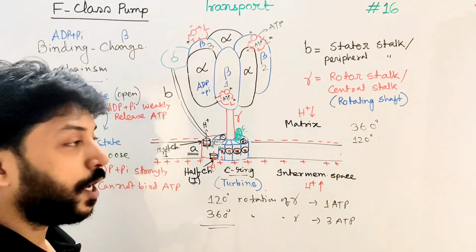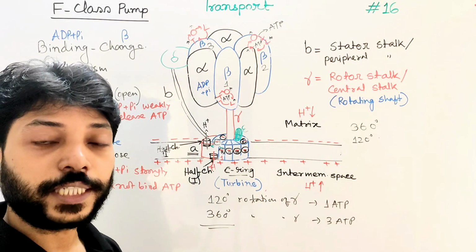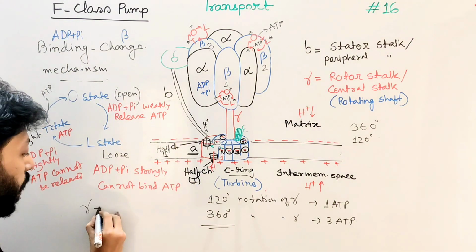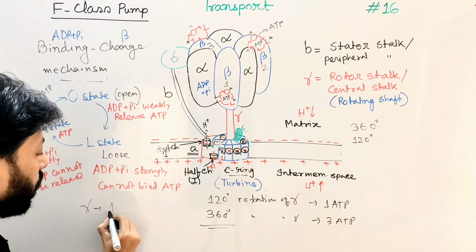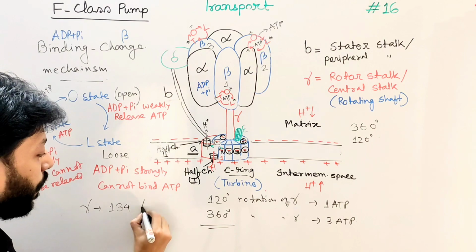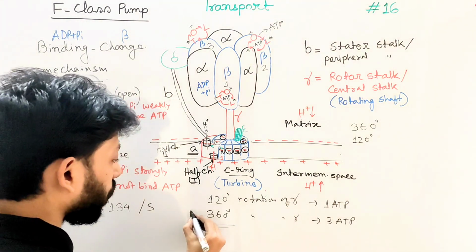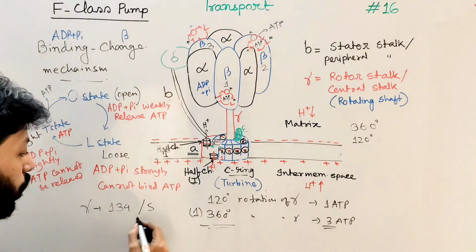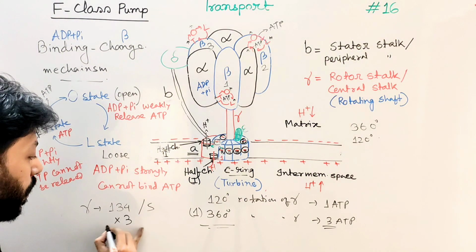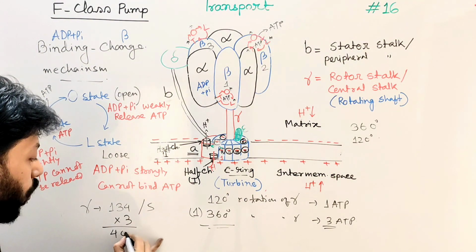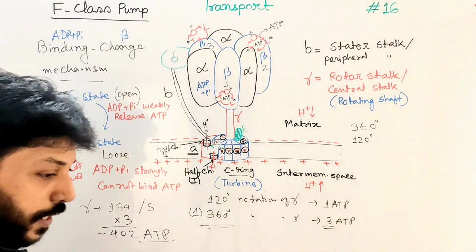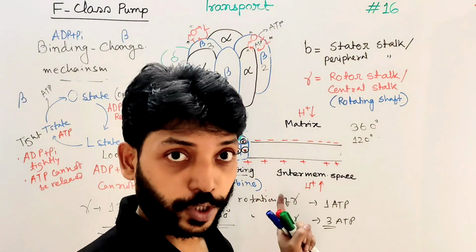And do you know how many revolutions this gamma makes in one second? The gamma revolves 134 times per second. And in one revolution, that is 360 degrees, it generates 3 ATP. So for one second, it will generate 134 times 3, which means approximately 400 ATP will be generated in one second by this rotary machine.